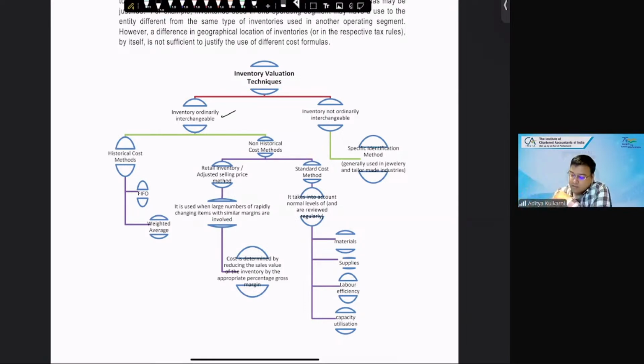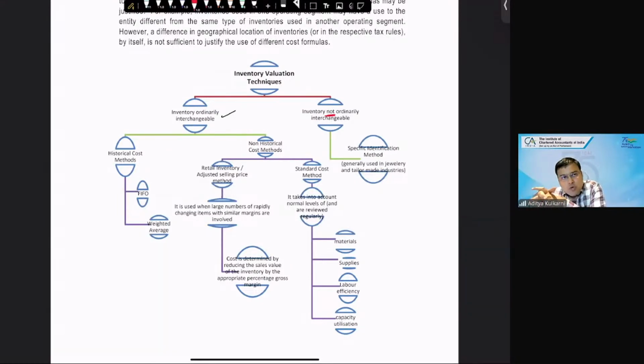In some cases, your inventories may be not ordinarily interchangeable. Customized inventory, as we call it. Suppose Jeannie comes to me and says that she wants a vehicle having certain particular specifications.